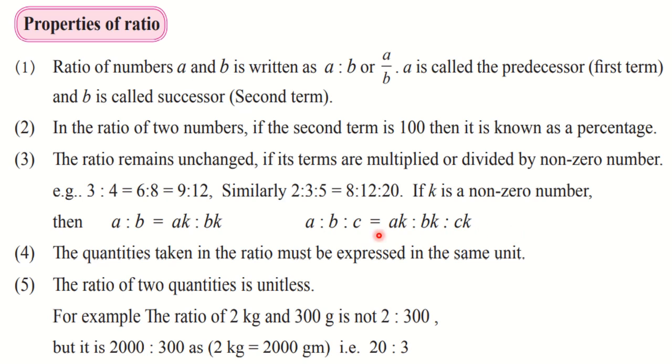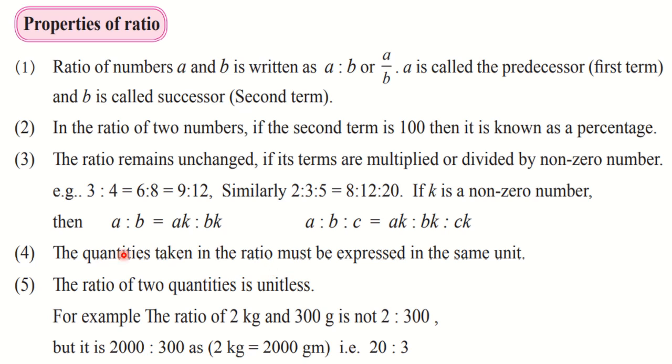Then now, when we want to compare two quantities or take them as a ratio, they must be in the same unit. Like if you want to compare distance, it should be either in meters or in kilometers. If one quantity is in meters and the other is in kilometers, you cannot compare.